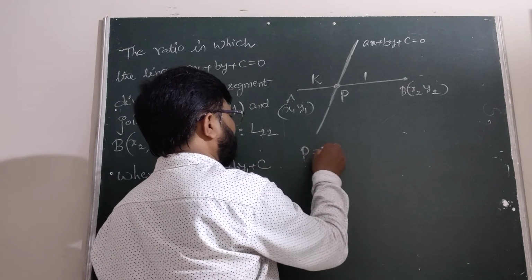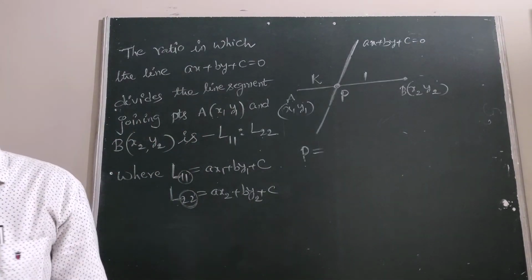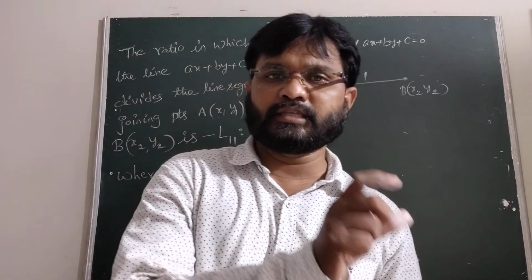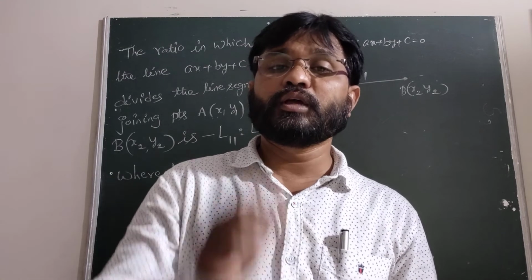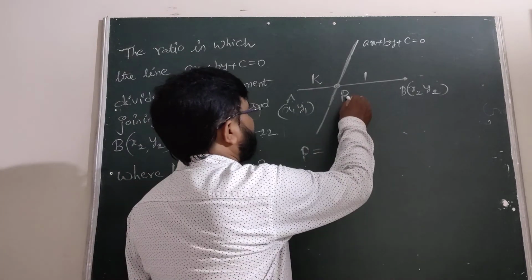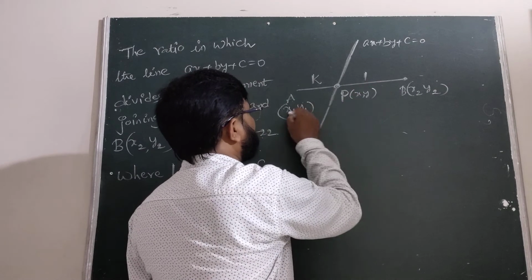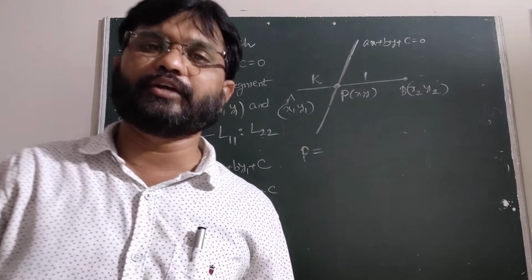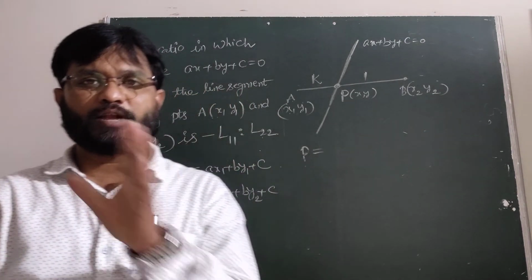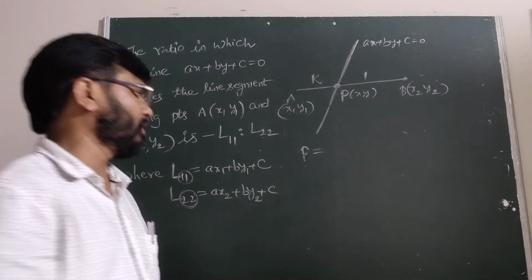we know the point P is mx2 plus nx1 by m plus n. We have to know these fundamentals. A is x1, y1 and B is x2, y2. The point P(x, y) divides the line joining A and B in the ratio m is to n internally, that is, mx2 plus nx1 by m plus n, comma, my2 plus ny1 by m plus n.